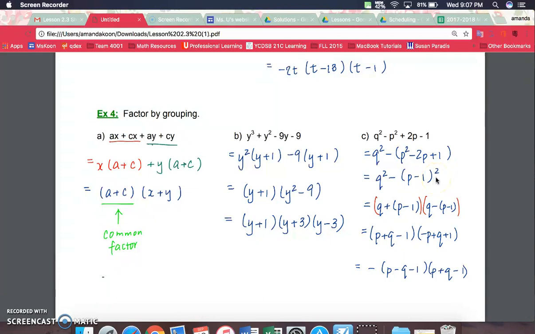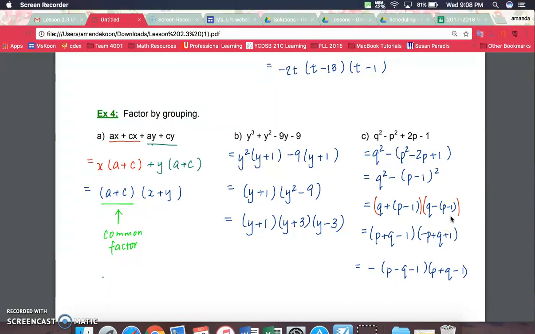And what have we got here? A perfect square, q squared, take away another perfect square. It is a difference of squares. As a result, apply the rule: square root the first term plus square root the second term, times square root the first term minus square root of the second term.